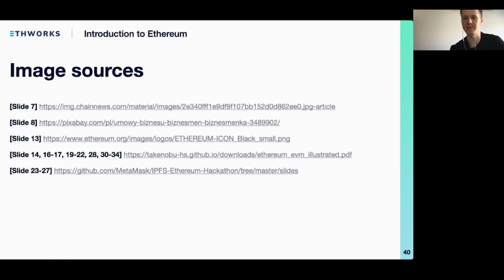So running a light node is totally possible on a mobile device, and you do have Ethereum wallet apps that do this, and you could also create a mobile application that uses a smart contract and runs a light node.